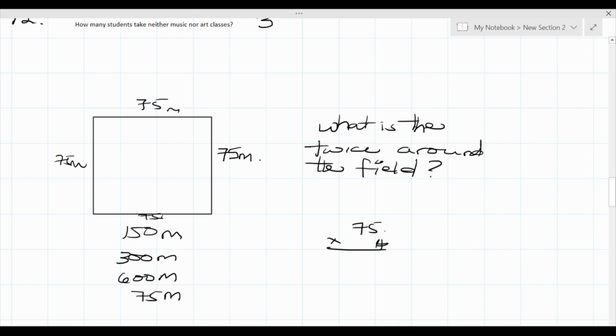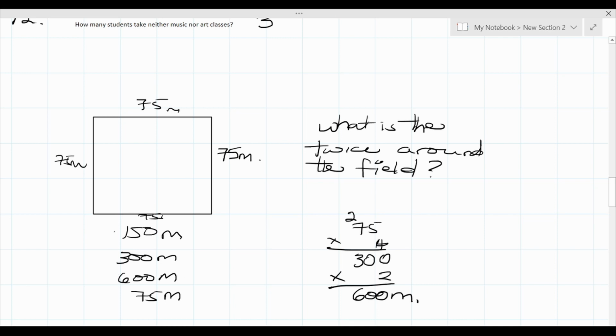So let me get this. 5 times 4 would be 20, right? The 0, carry 2. 4 times 7 would be 28, 28 and 2 would be 30. So this is 300. So walking around it once would be a total of 300 meters, but he went around twice, so it would be 300 times 2, so this would be 600 meters in all.